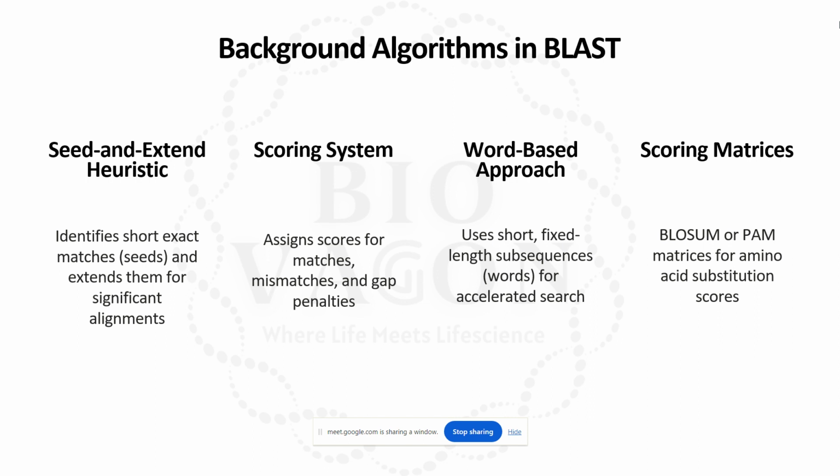BLAST runs with so many background algorithms. When you go to the BLAST page and look at the PDF they have provided, you can find how it works and on what basis you are getting the data. Most importantly, it works on four principles. One is seed and extend heuristic.